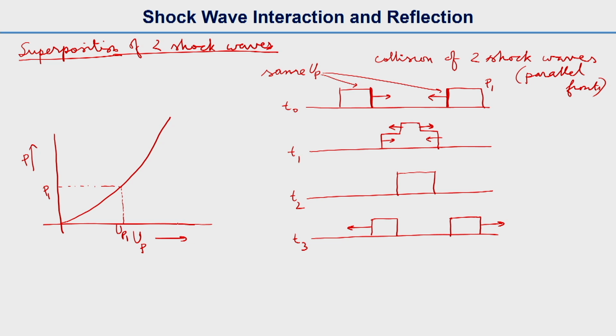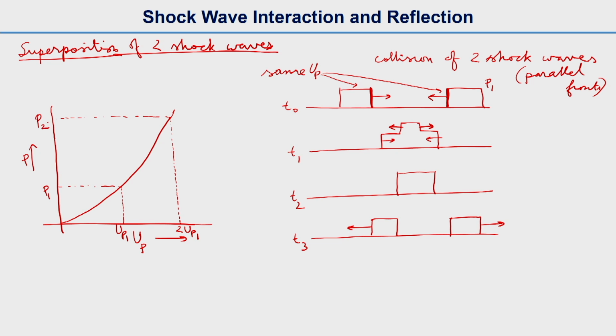So when they superimpose, what will happen if they both have the same UP? At superposition we have a value twice UP1, and correspondingly we will find out what the pressure is.